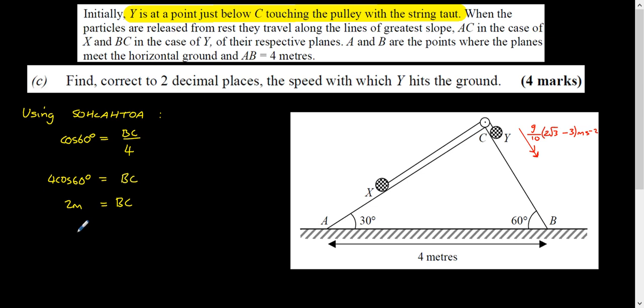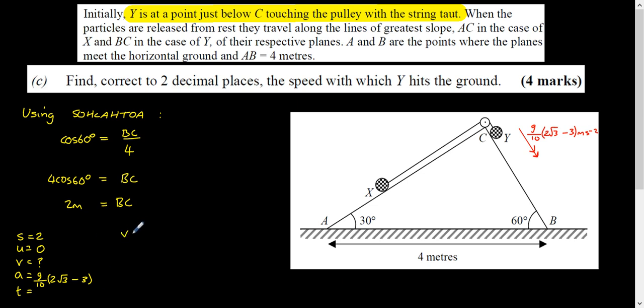So now we can use SUVAT, because we have a constant acceleration, and we're trying to work out speed. So the displacement is 2, that's the particle moving from this point down to this point. The initial velocity is 0 because the particles are released from rest. V is the thing we're trying to calculate, and the acceleration, we were told way back at the beginning, was g over 10 times 2 root 3 minus 3.